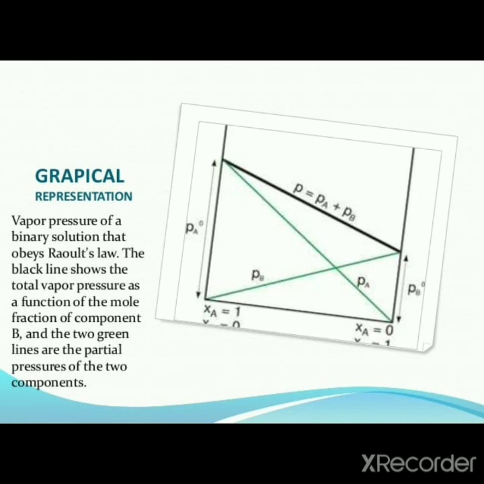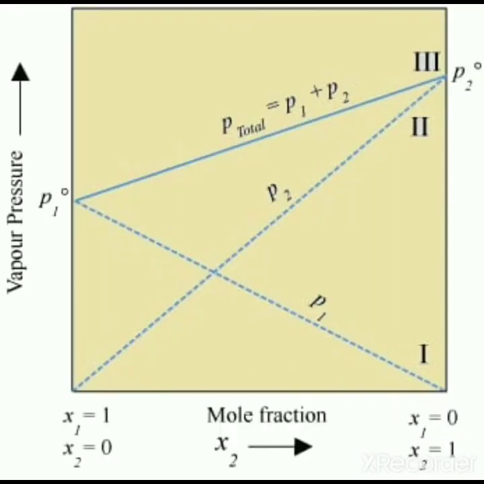Depending upon the vapor pressures of the pure components 1 and 2, total vapor pressure of the solution decreases or increases with the increase of mole fraction of the component. In this case, total vapor pressure decreases because B is less volatile than A. And here the total vapor pressure of the solution increases since the component 1 is less volatile than component 2.